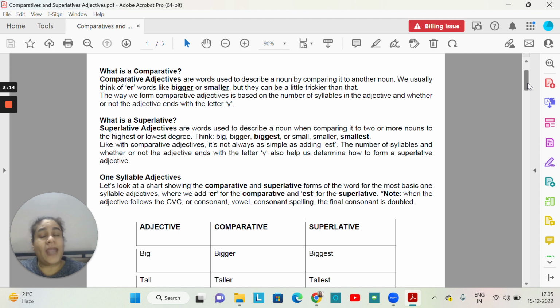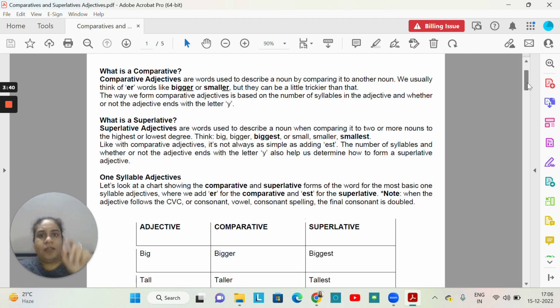Yes, in comparative adjectives we end our words in ER, but still it's not that simple. There's an exception. If you have a word that ends with the letter Y, you cannot simply add ER.